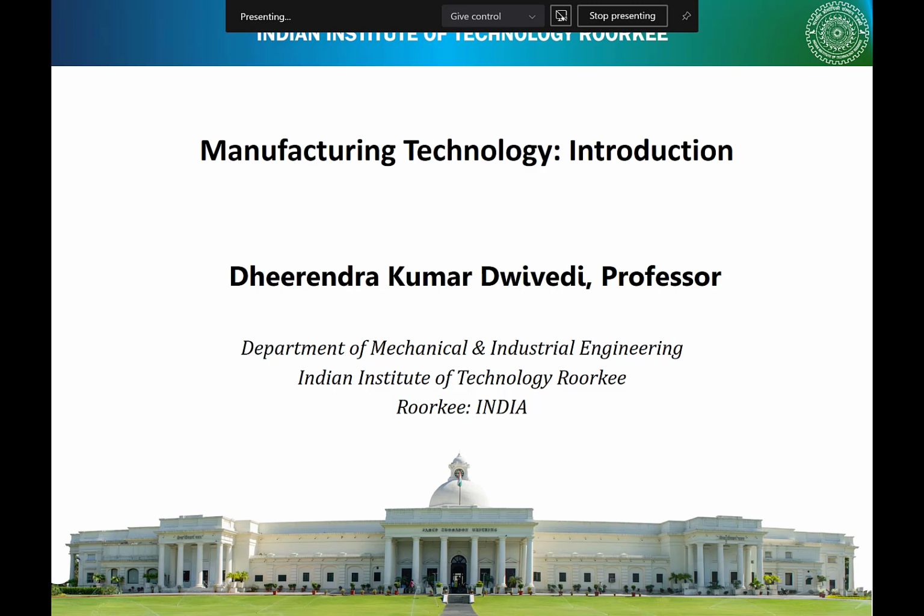Whether it is a laptop or watch or chair or computer or motorcycle or cycle, anything, whatever you see, would have been created by some procedure, some processes of some material. In this subject, we will try to see what are the broad approaches which are used for creation of the goods, of the metals or of the plastics.